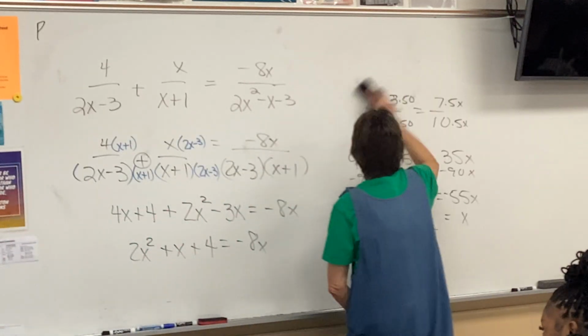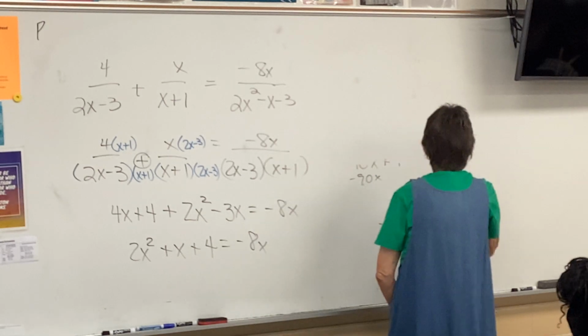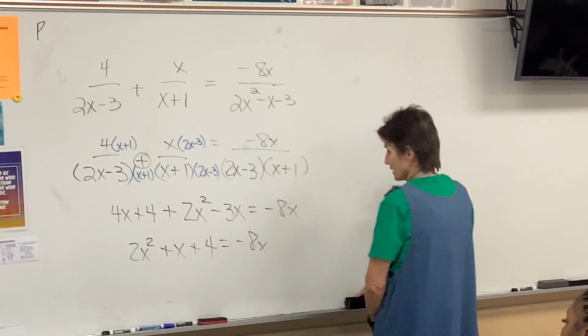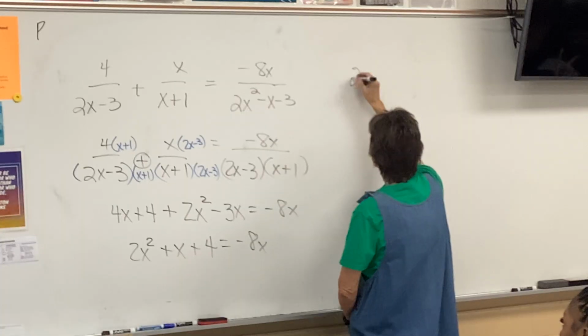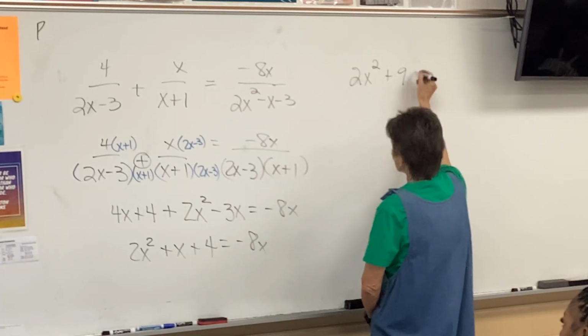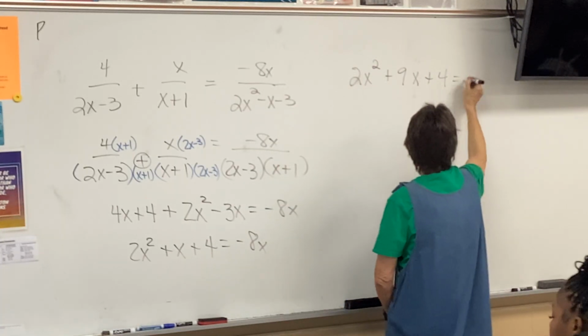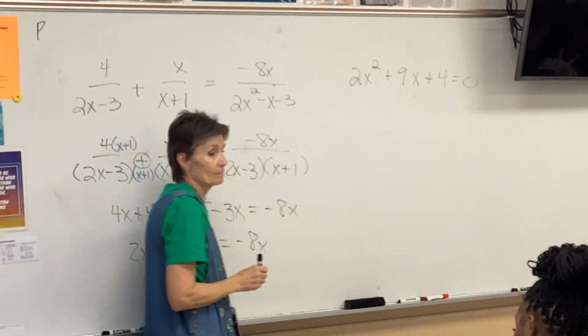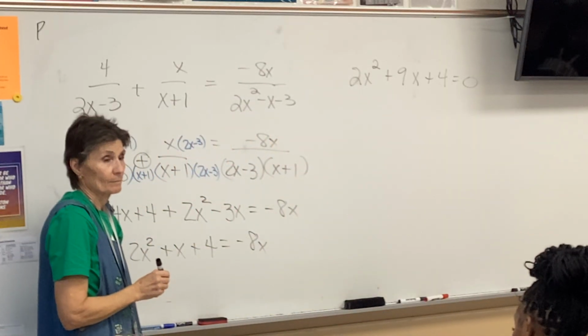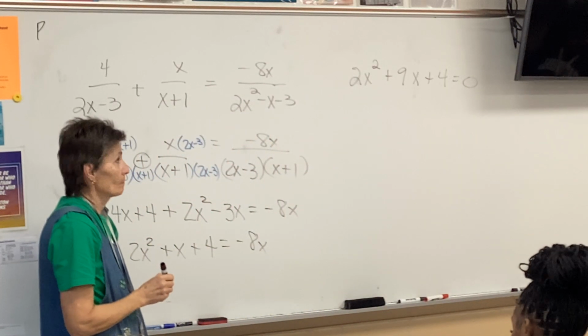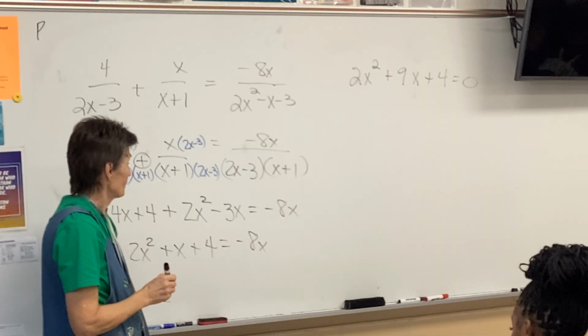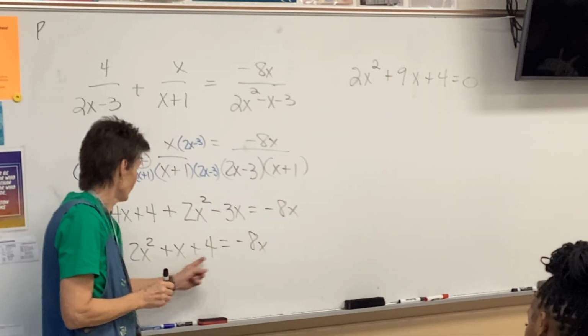So I'm going to have 2x squared plus 9x plus 4. We're going to add that 8x over here.